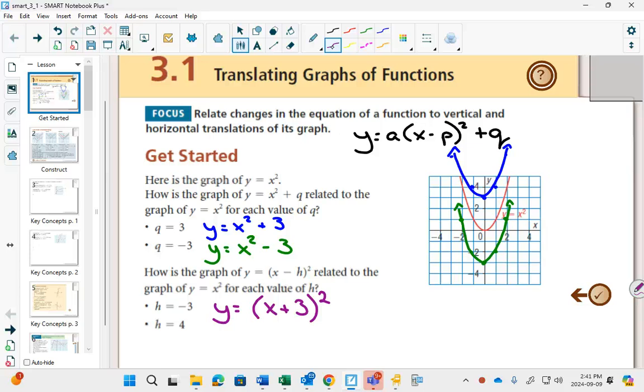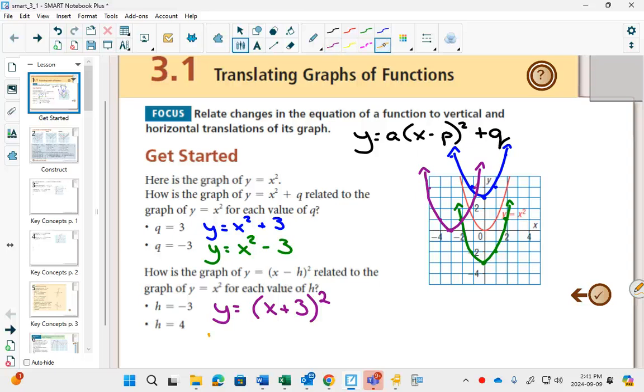X's are liars. So instead of moving 3 to the right, this would move 3 to the left. If you think about your vertex, you learned last year that in the vertex, P was always the opposite sign and Q was the same, which would do the same effect. This graph is the original graph, moved 3 to the left.